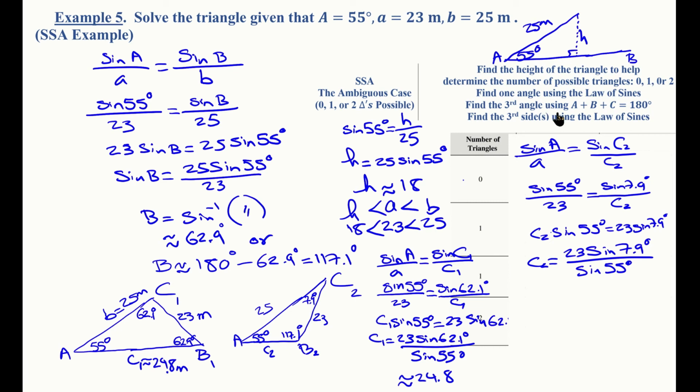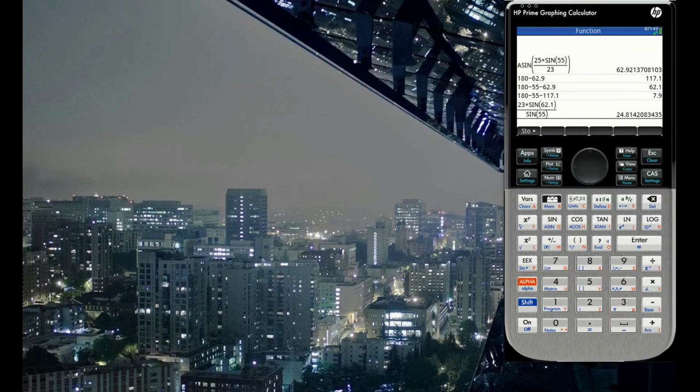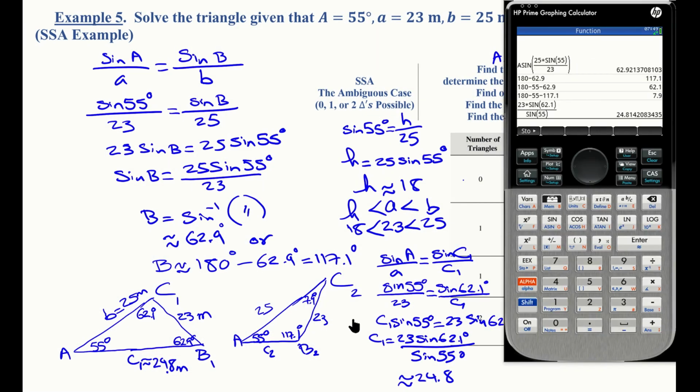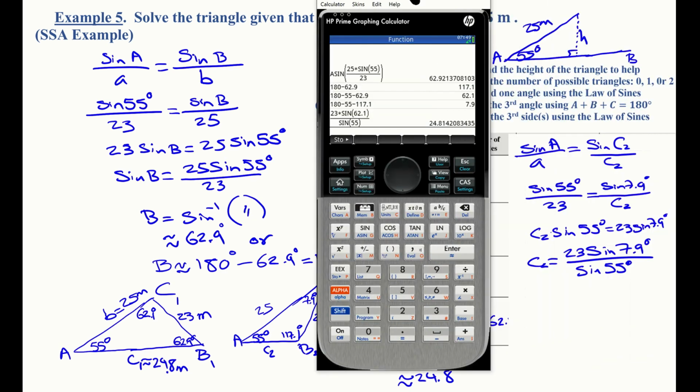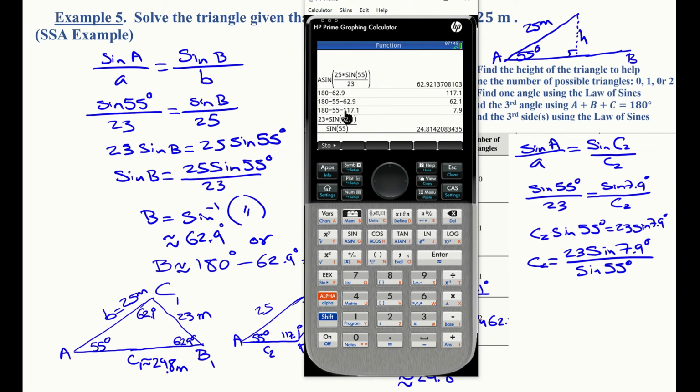And we go ahead and calculate that. Actually, we didn't want that. We wanted this. Okay. Notice how close that's going to be to this expression, so I'm going to cheat here and copy that, and then I'm just going to change the 62.1 to 7.9 because everything else is the same.